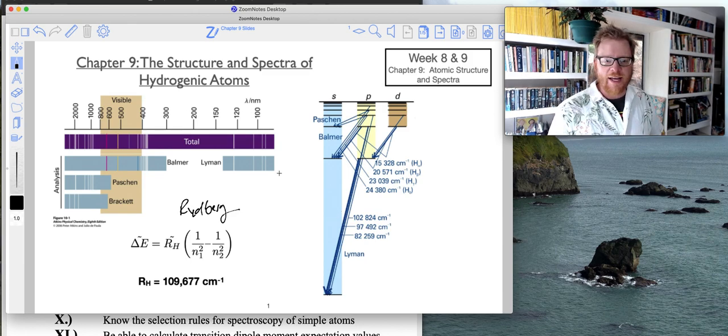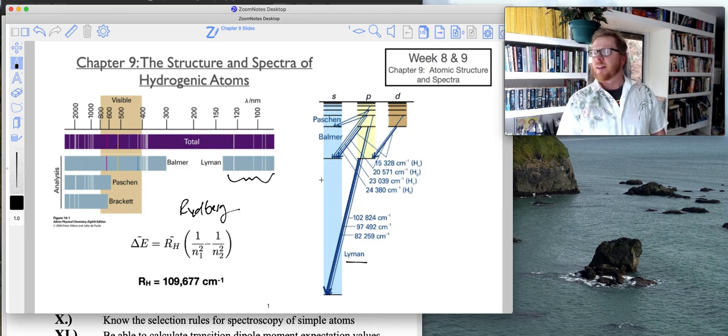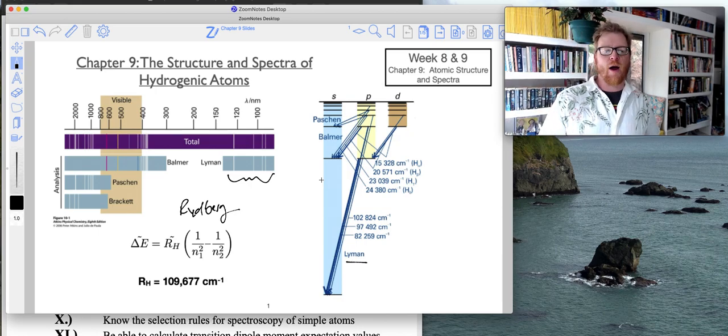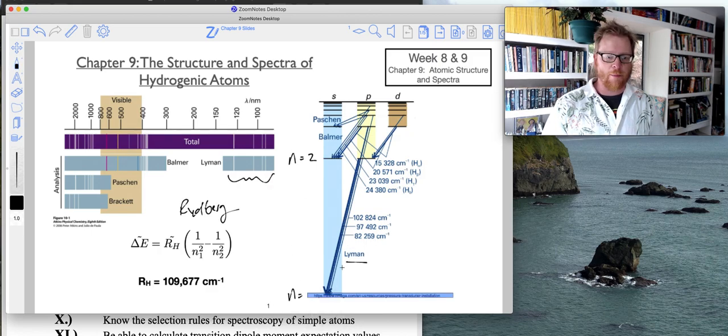Most notably, the Lyman series is a good one to think about. Those are the really high energy lines, typically from n equals 2 to n equals 1. So that's our main series.